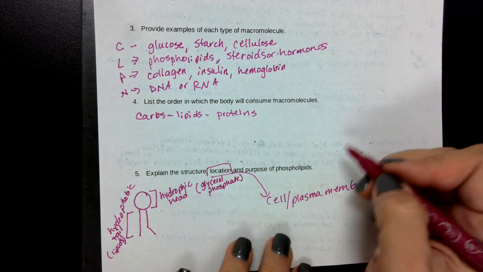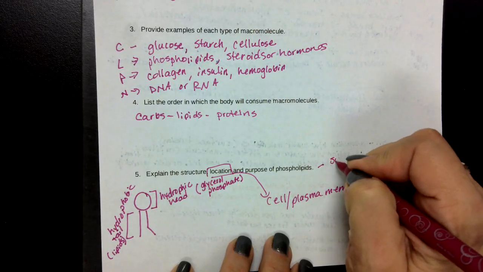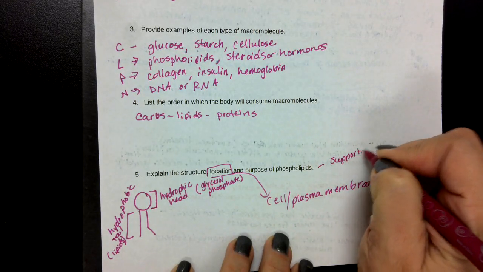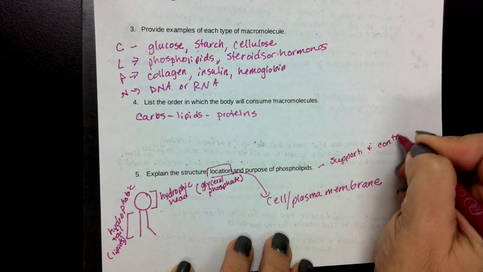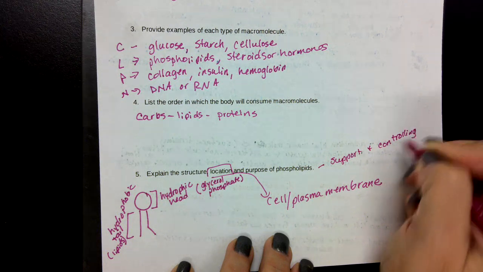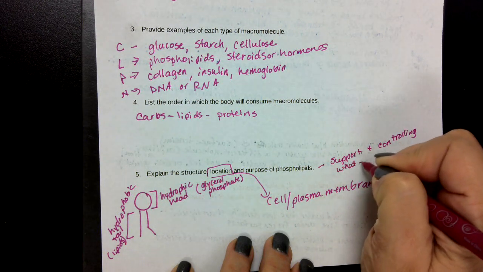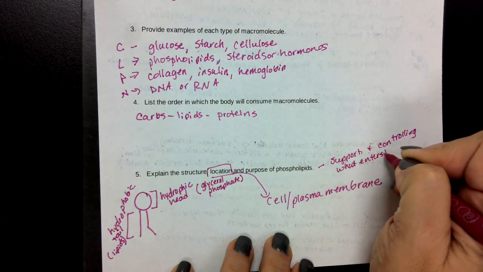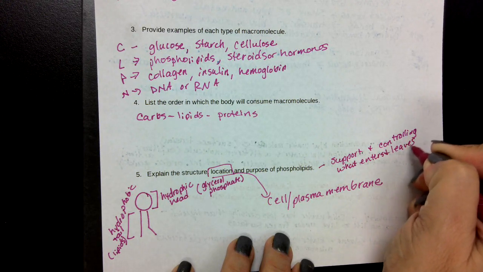So the purpose of phospholipids is for support and controlling what enters and leaves the cell.